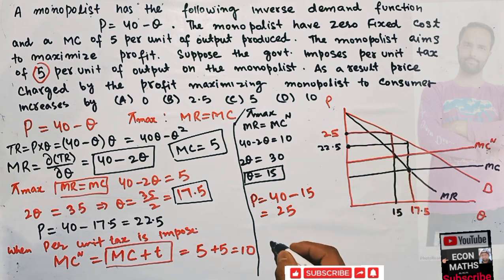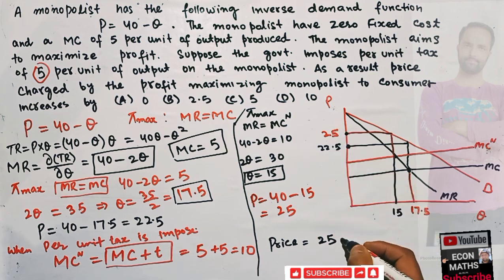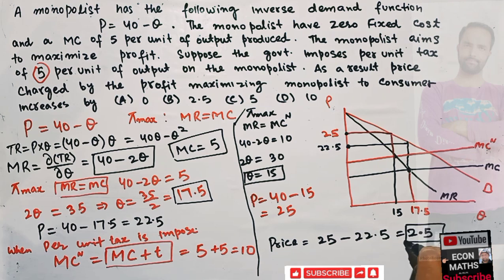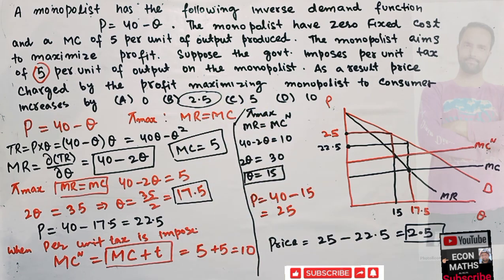That means the price has changed from 22.5 to 25. The difference is 2.5. That means the price will increase by 2.5. Okay, the correct option I guess should be 2.5.